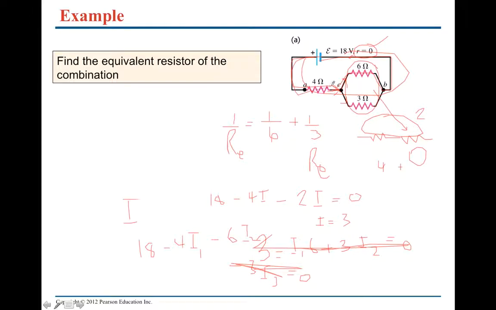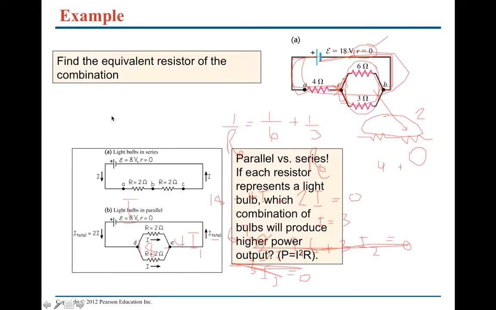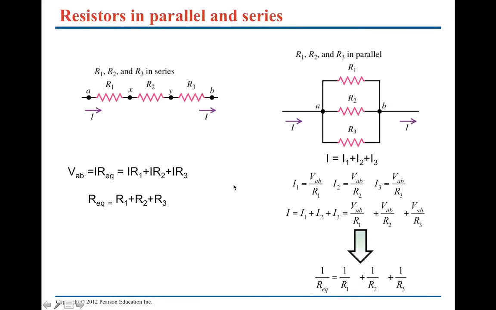Another goes this way and this way, giving me another loop. So 2 loops, and then I have the junction point, which I'm going to discuss tomorrow. So you have three equations and 3 unknowns, and you can solve them for I1, I2, and I3.